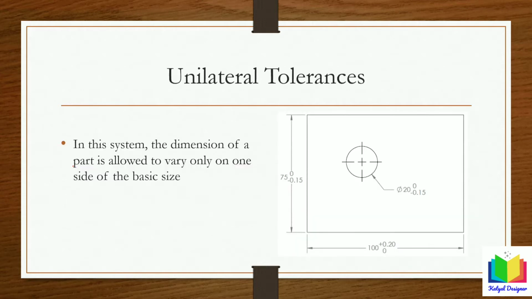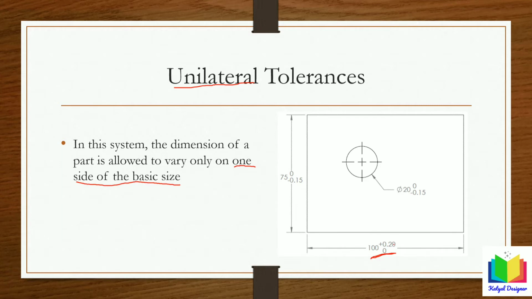We can specify tolerances using two systems: the unilateral system and the bilateral system. When we specify the tolerance using the unilateral system, the dimension varies on only one side. Here in this example, let's say this value is 100.